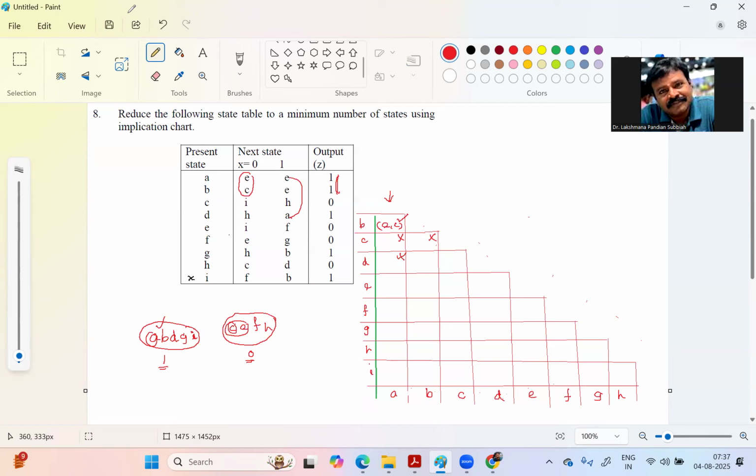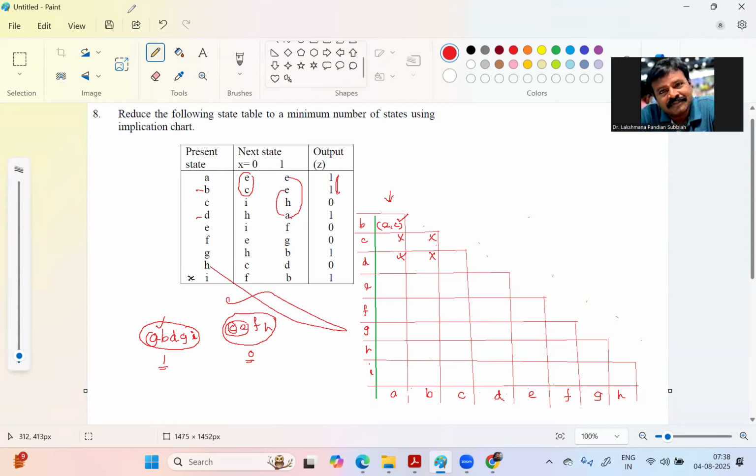Next, BD. BD can be a pair. Then we have CH, whose next states are EA. CH, EA cannot be a pair, so EA cannot be a pair.